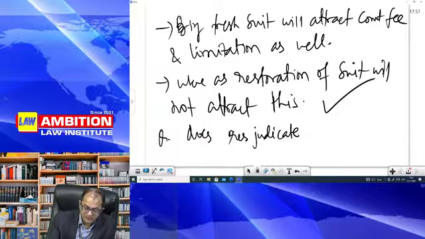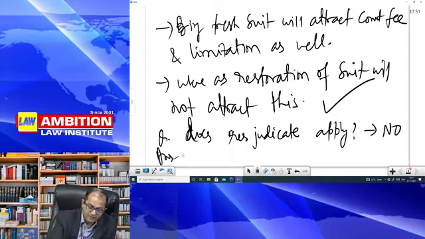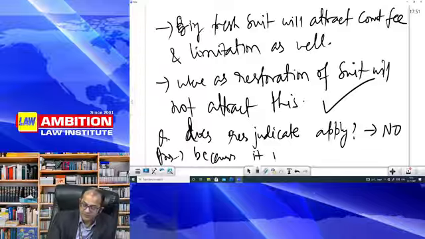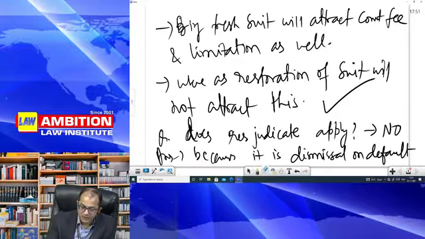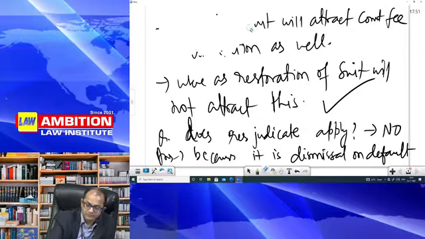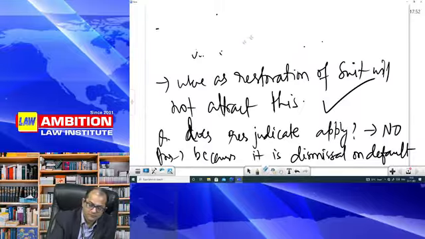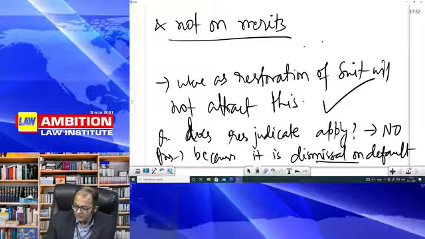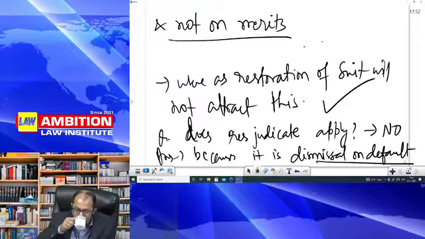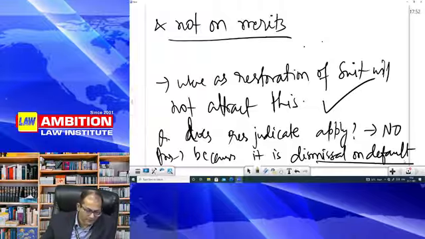This is dismissal on default, and not on merits.